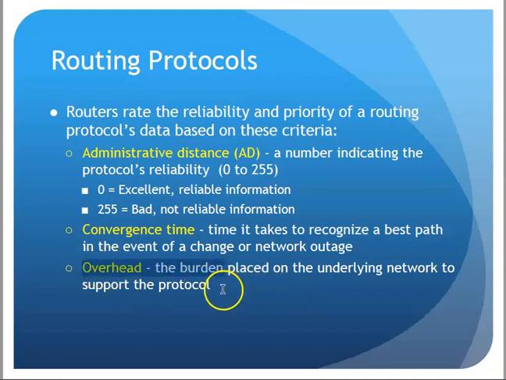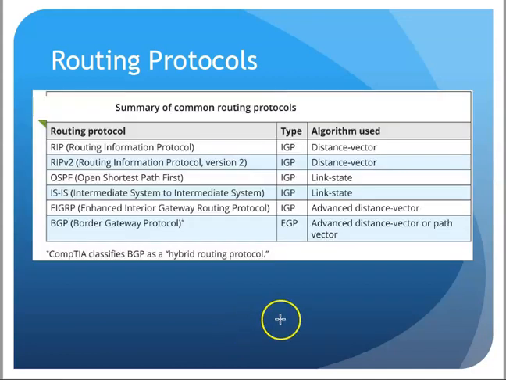Overhead: some routing protocols put a lot of traffic on the network consistently to update information. So it's consistently adding chatter, data onto the network. That is going to add some overhead to the existing data that's already there. Certain protocols do that. Here is a summary of a bunch of the routing protocols the book talks about. We'll come back in the next podcast and start working through some of these common ones, especially the common ones we're going to use in our lab room.